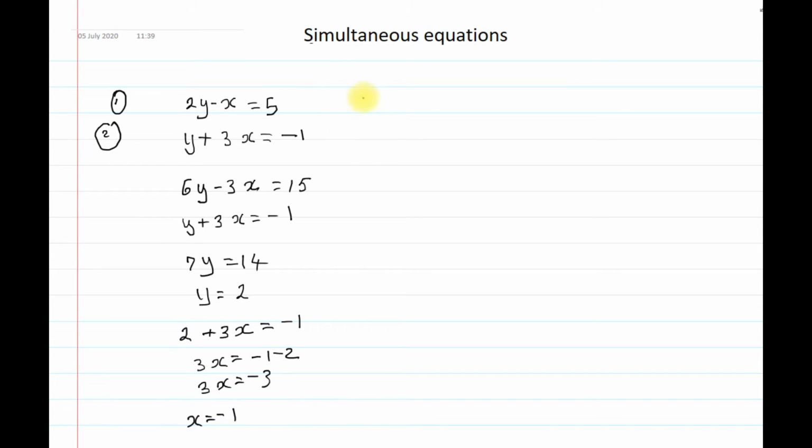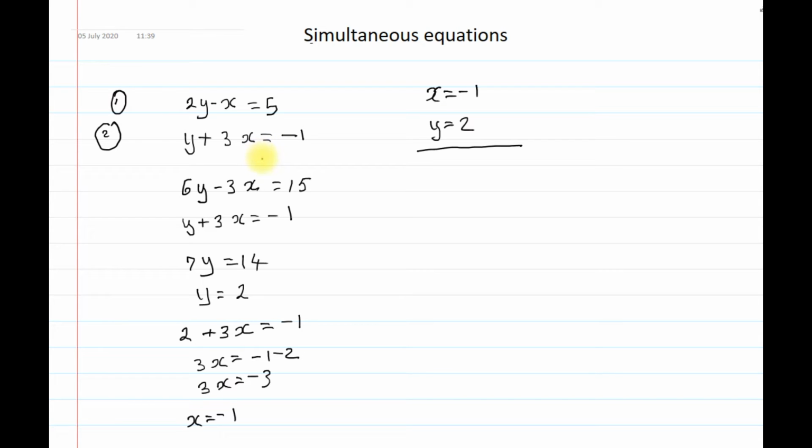So from here, we find that x equals minus 1 and y equals 2. These are the solutions of the two simultaneous equations that we were given. That means x equals minus 1 and y equals 2 satisfy both equations simultaneously.